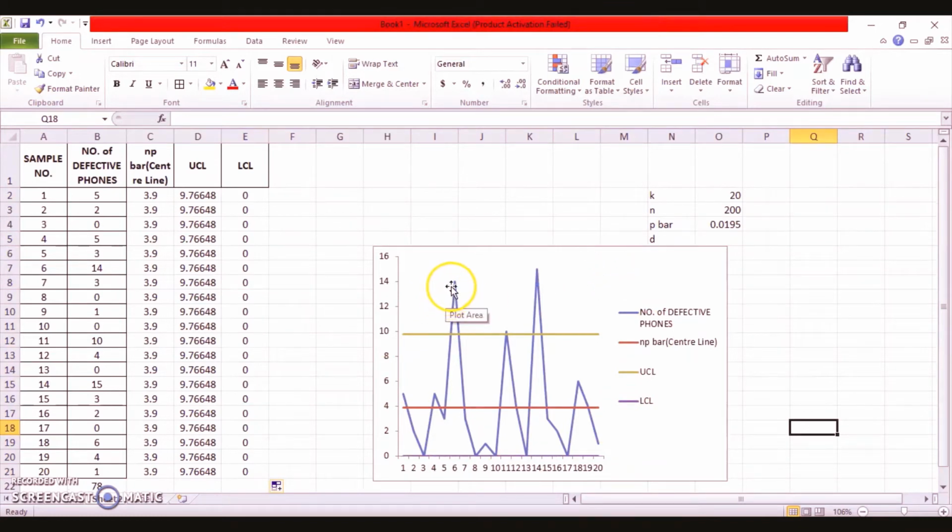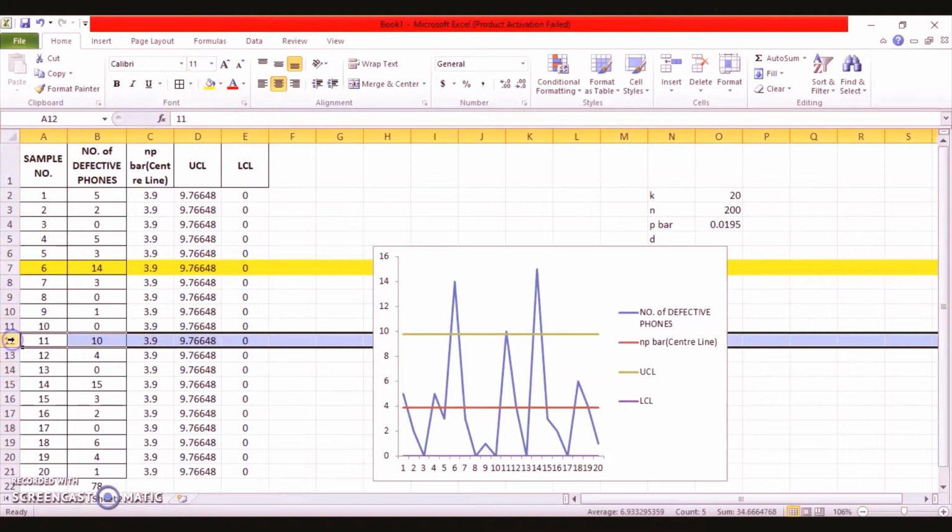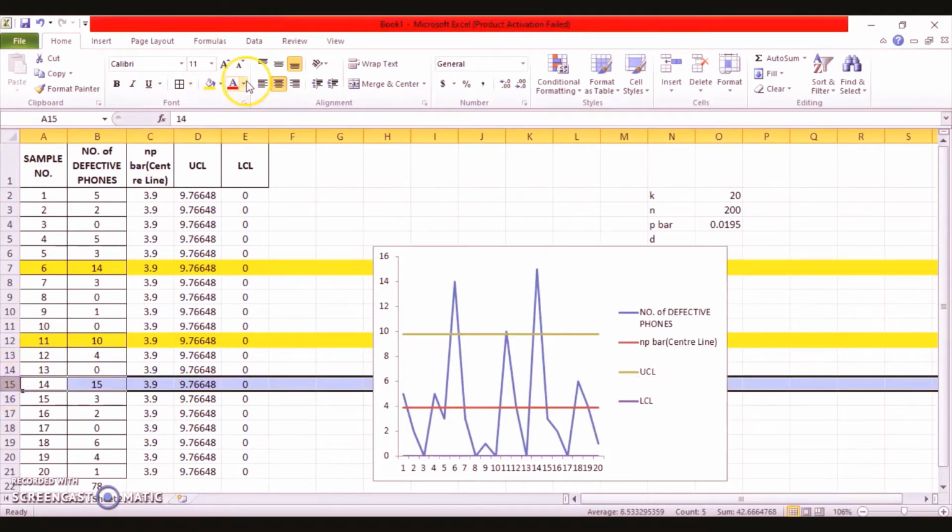Now see very quickly, we have 3 points, 6, 11 and 14. So we'll select 6, highlight those points, 11 and your 14. Why are they out of control, or why are they exceeding the upper control limit?